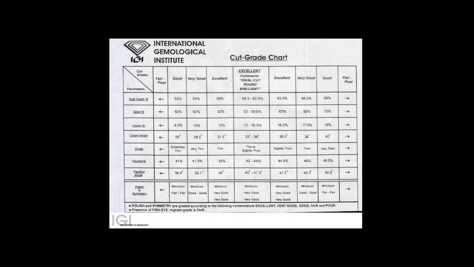If you have one good, automatically the cut grade drops from excellent to very good, right? So I'll make it simple: for a stone to get the excellent cut grade, even the polish and symmetry should be minimum very good, right? If one of them is good, the cut grade, even though the parameters are excellent, will fall down to very good, right?